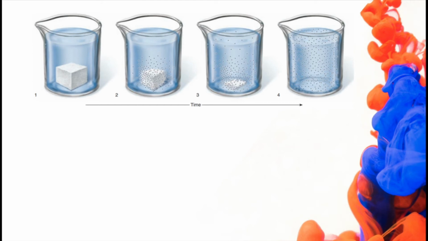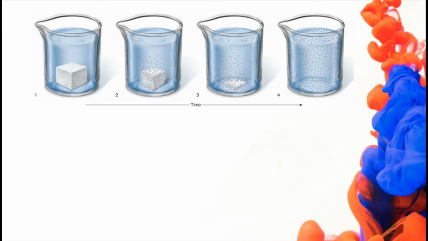The sugar cube is placed in the water, and as you can notice, it slowly disappears as the sugar molecules dissolve and diffuse from the area where they are more concentrated towards the area where they are less concentrated, and eventually the sugar molecules are distributed evenly throughout the water.